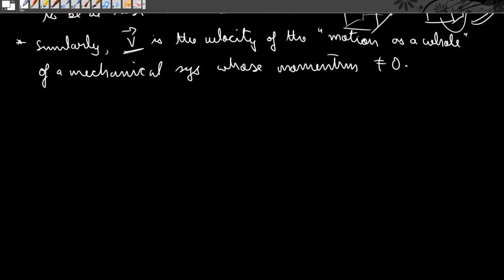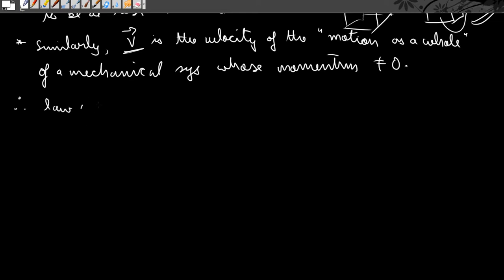Alright, so therefore the law of conservation of momentum gives us a natural definition of rest and velocity as applied to mechanical systems as a whole. Okay, so let me write that down.